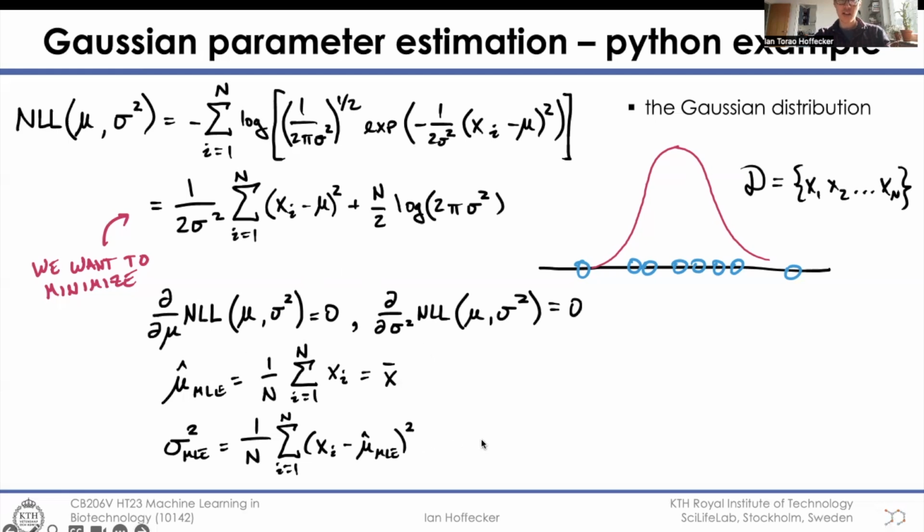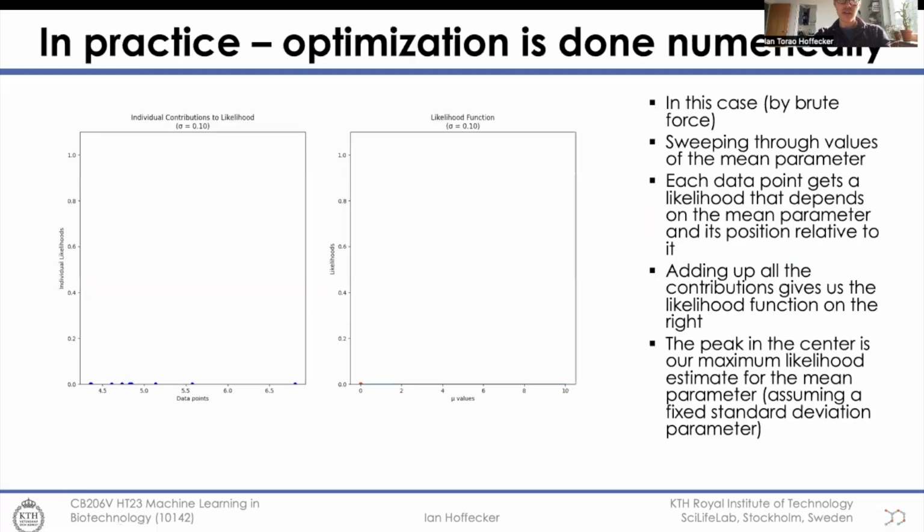But in practice, this is not done so often because typically analytical solutions are hard to get. What we'll see in most cases is numerical optimization. So we won't spend too much time on this analytical approach, and we're going to think more about the numerical approach. The idea here is that we're going to systematically explore the parameter space.